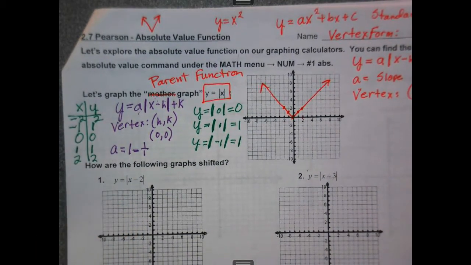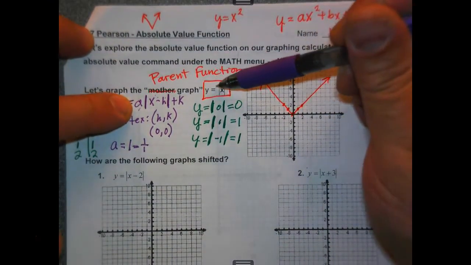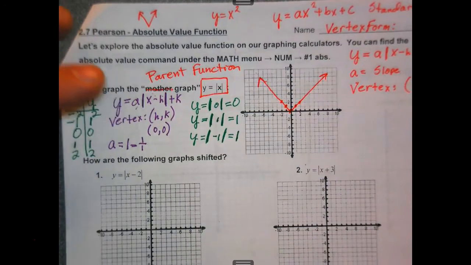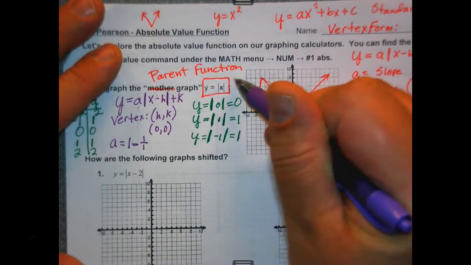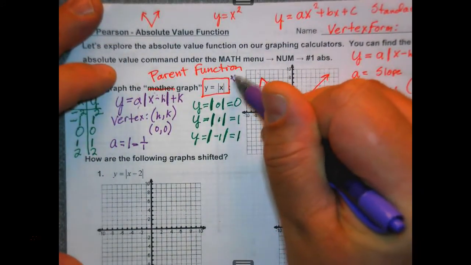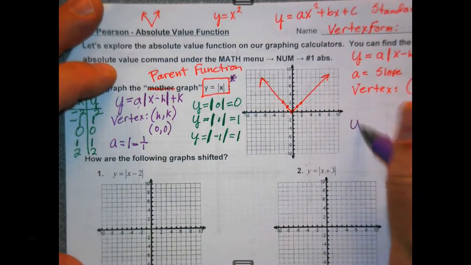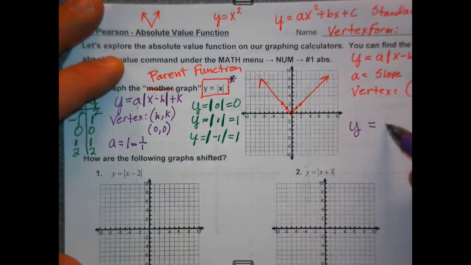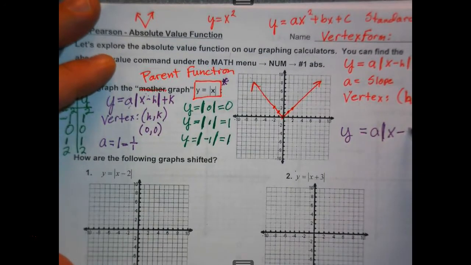Then you're going to have to use the other method. Because all I'm doing is putting this in vertex form. Y equals a times the absolute value of x minus 0 plus 0.